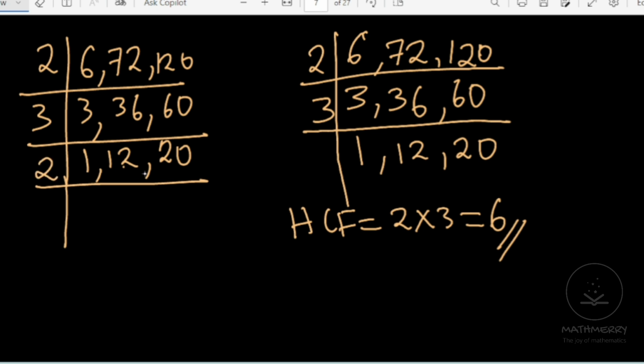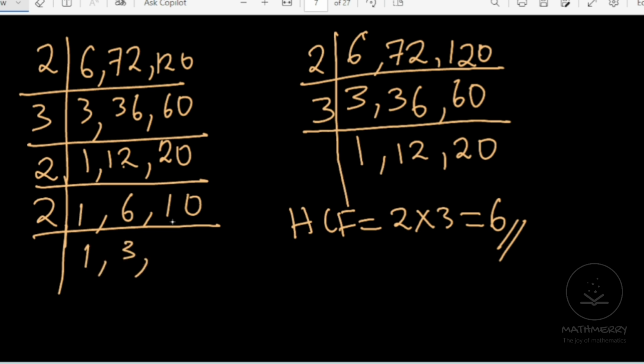It's 2, right? So 12 divided by 2 is 6, and 20 divided by 2 is 10. Again we can use 2. Now 6 divided by 2 is 3, and 10 divided by 2 is 5. So in the case of LCM, all these numbers on the side will come and also the numbers below will come.